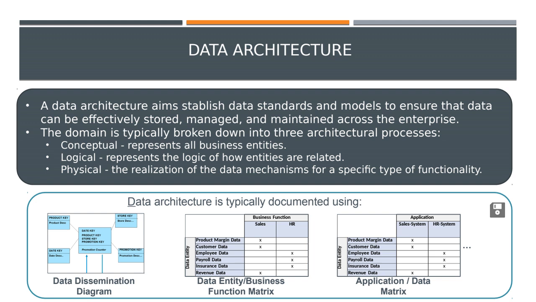Logical represents the logic of how entities are related. Physical is the realization of the data mechanism for a specific type of functionality. In data architecture, we can have documentation using the data dissemination diagram, data entity business function matrix, and application and data matrix. So these are examples of how they are documented.